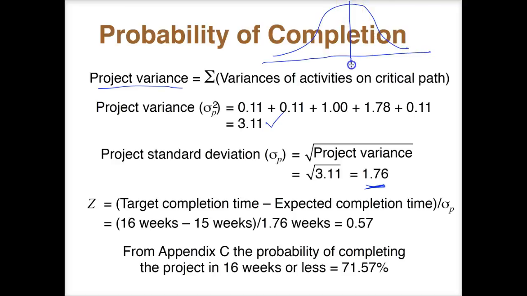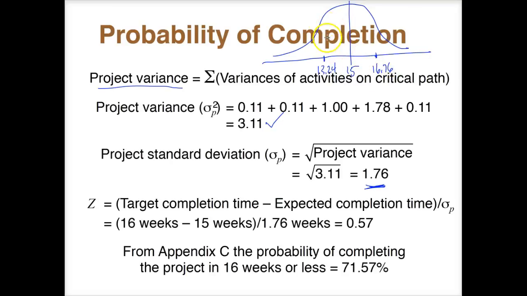So if this is 15 weeks here, then if we do 15 minus 1.76, that would be what we would have here. So it's like 13.24. And if we went up one standard deviation, that'll be about 16.76.